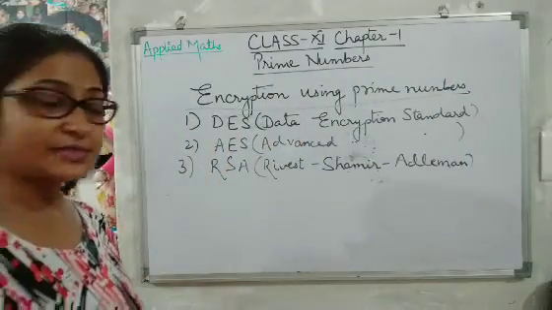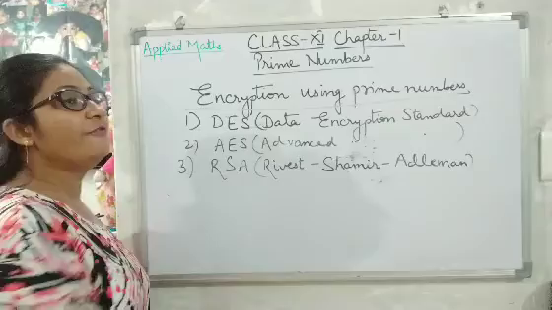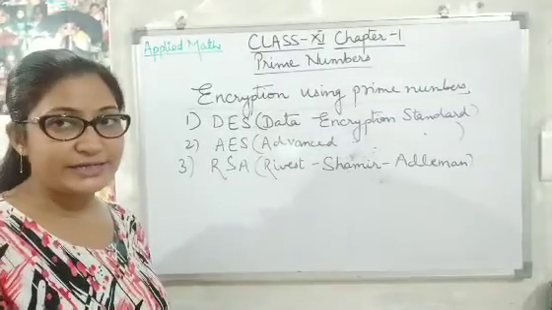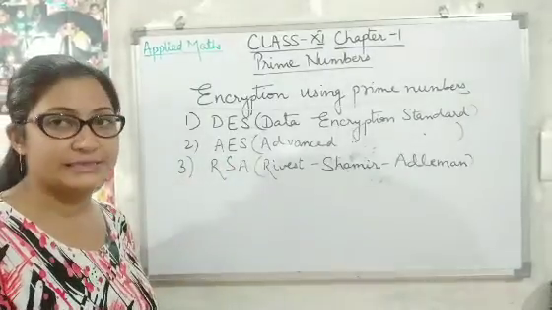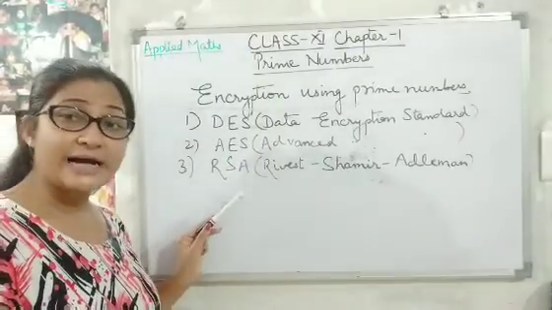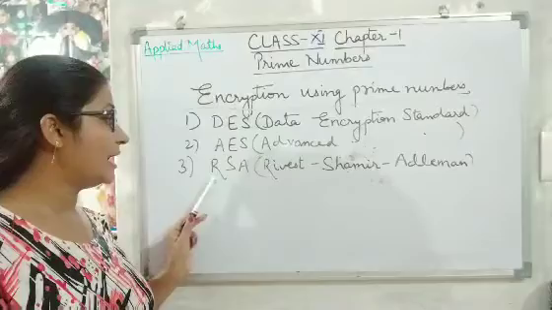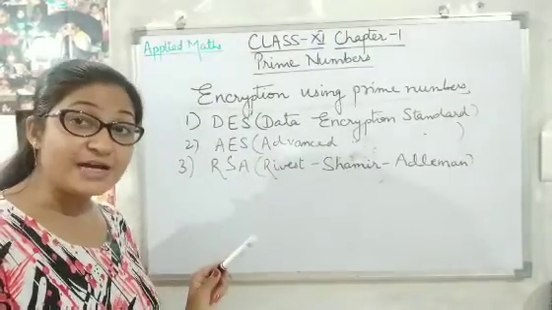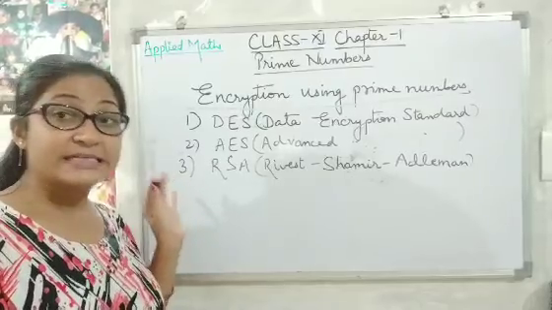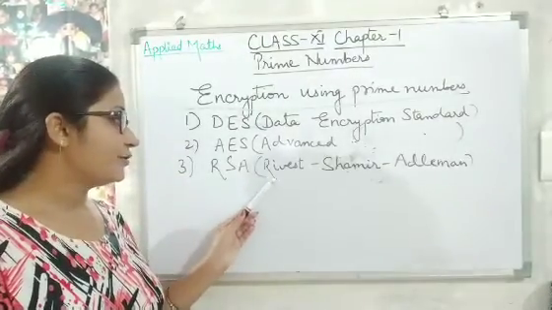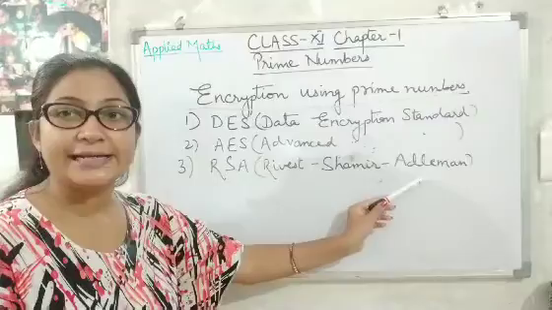In your syllabus, these 2 methods of encrypting the data are not discussed, so I will not go into the detail of these 2 methods. But the last method mentioned here, RSA, named after the 3 persons who discovered this method, Rivest, Shamir and Adleman.